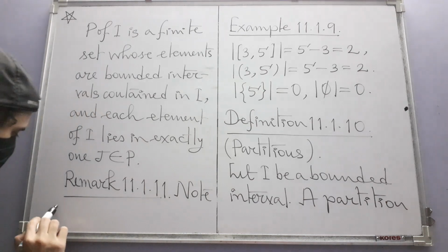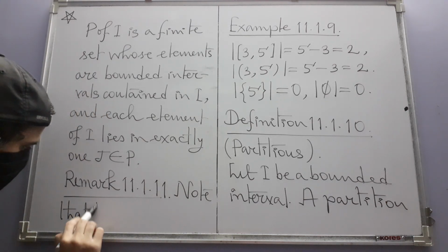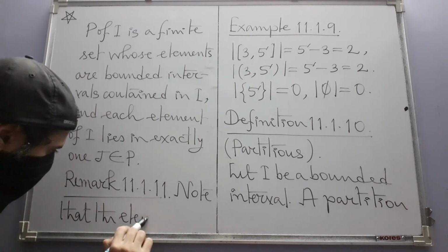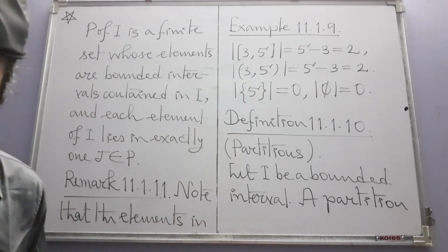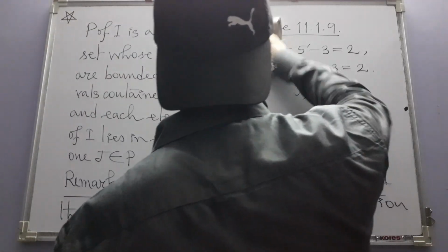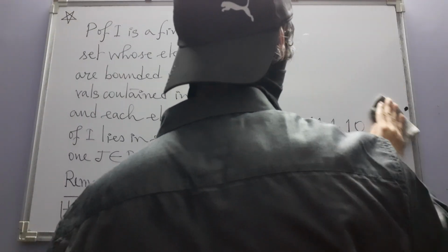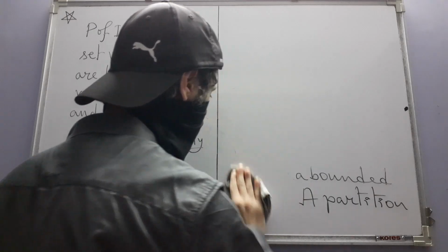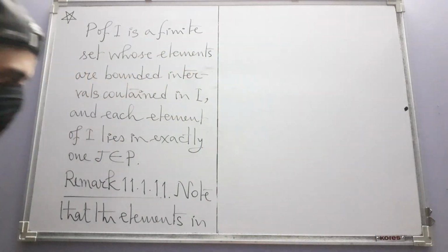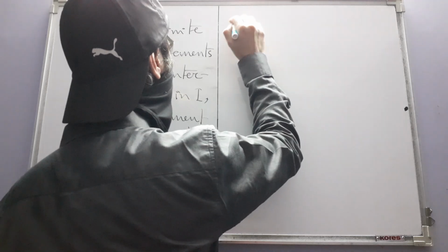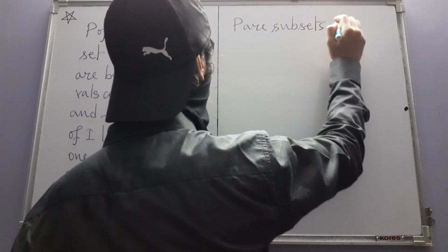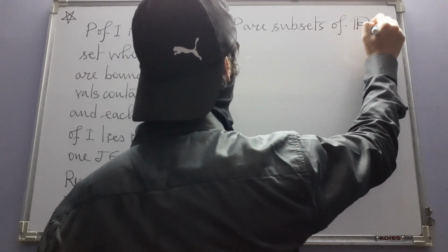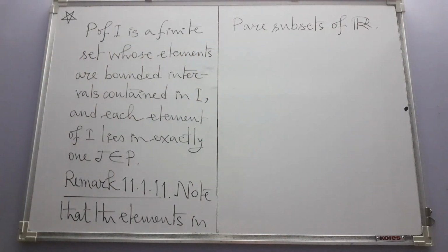Note that the elements in P are subsets of R. Intervals means subsets of R after all.